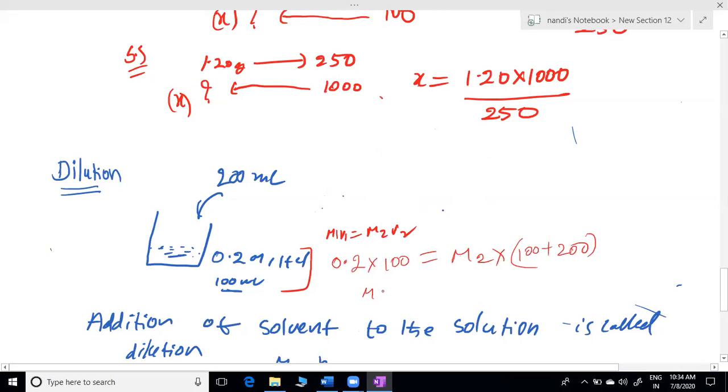So M2 equals 0.2 into 100 by 300. So I can calculate here 2 by 30, sir. 2 by 30, how much can you calculate? 2 by 3 means 0.66, is it correct?